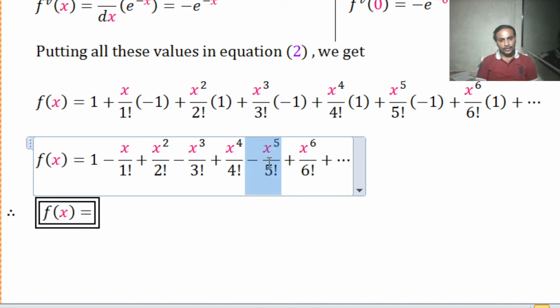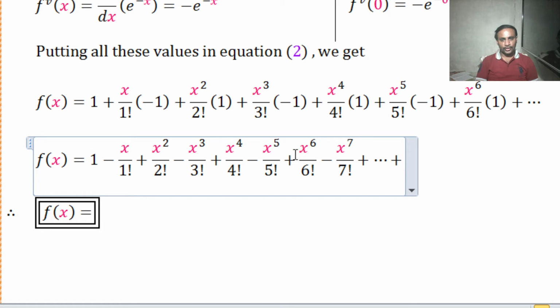And if we want to take one more term, then this term will be minus of x raised to 7 upon 7 factorial plus and so on, infinitely many terms.